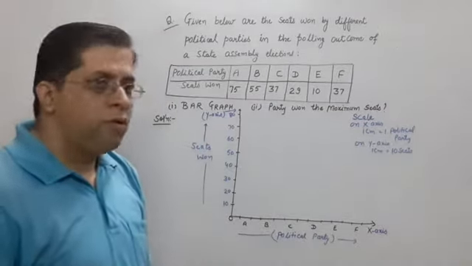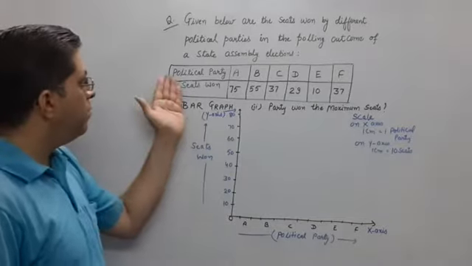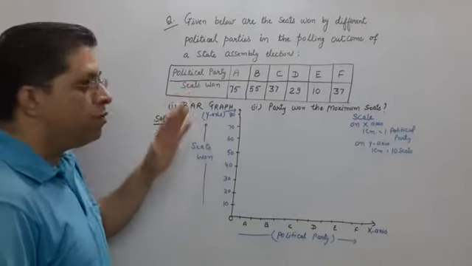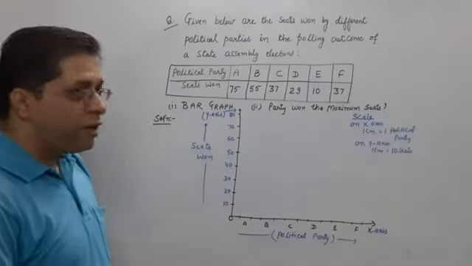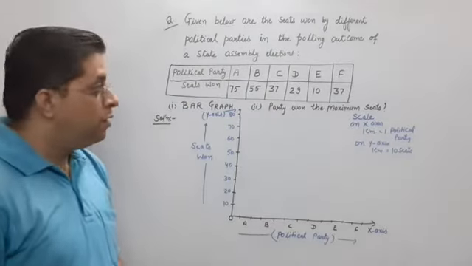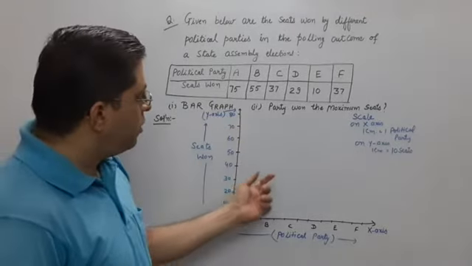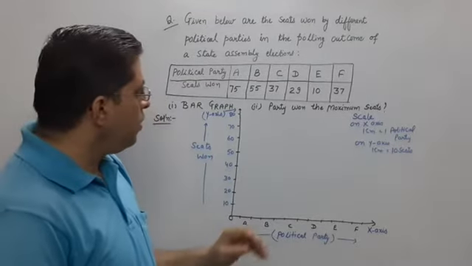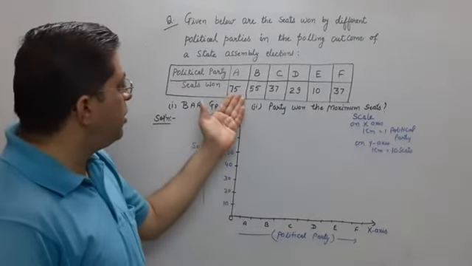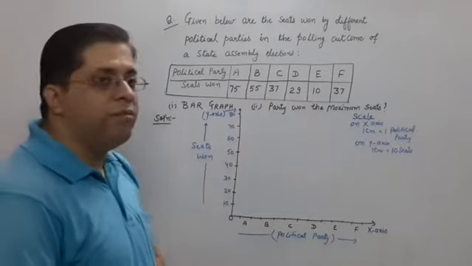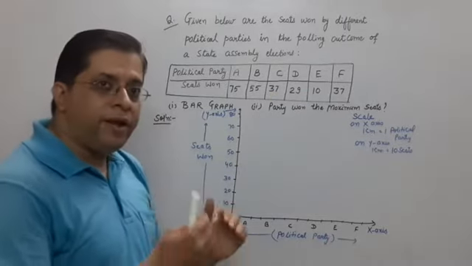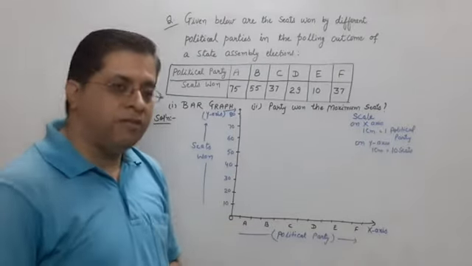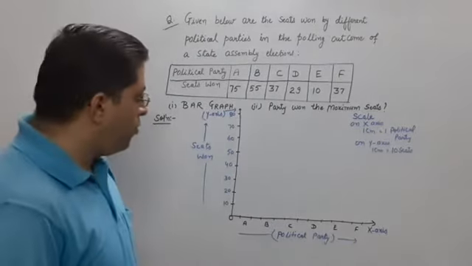For the bar graph, we take political parties on the x-axis and number of seats won on the y-axis. For that I have to take a scale. On the x-axis, 1 centimeter equals 1 political party. On the y-axis, 75 is the maximum and 10 is the minimum, so if I take an interval of 10, it will be 1 centimeter equals 10 seats.